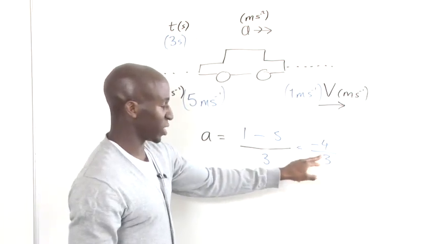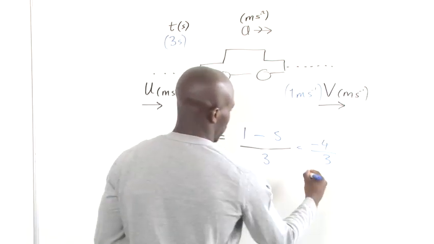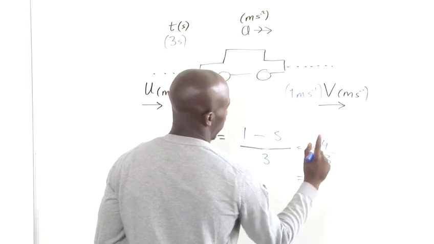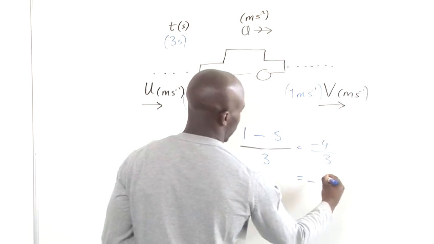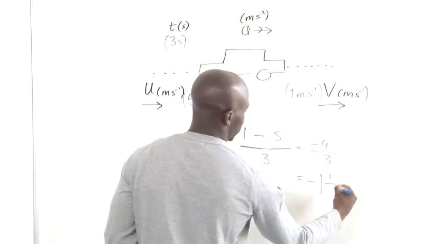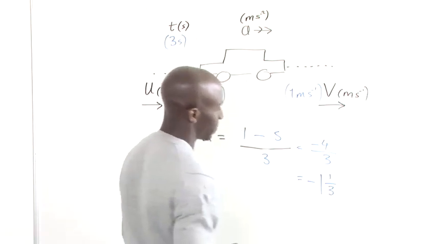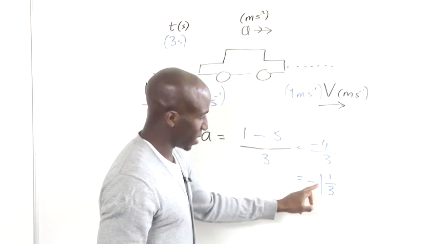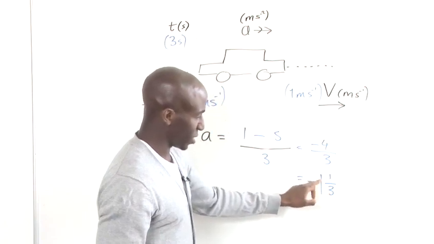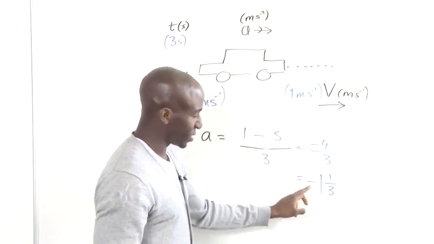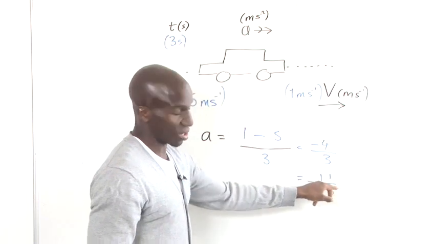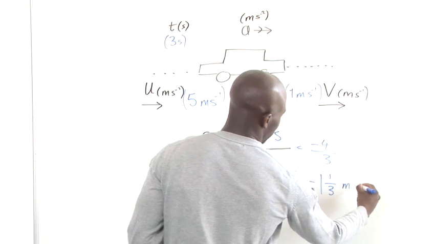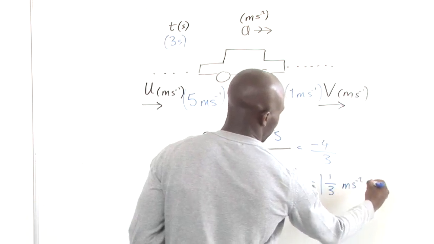So first we change this: 3 goes into 4 once and leaves a remainder of a third. So 4 thirds is 1 and 1 third. So that's negative 1 and 1 third, and that gives you meters per second squared.